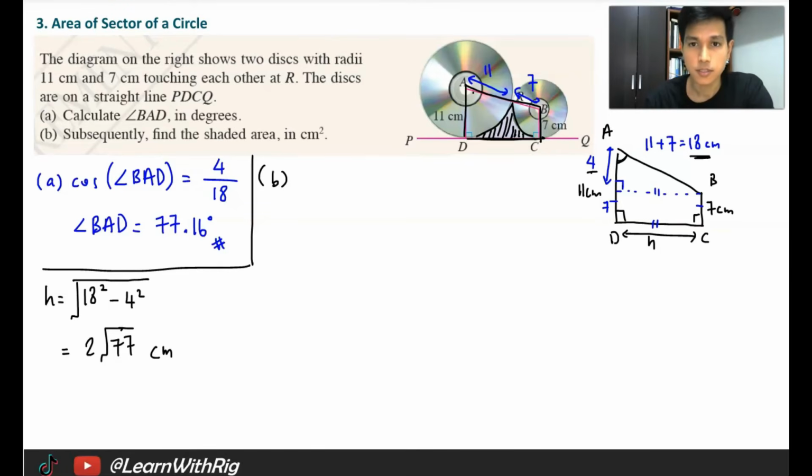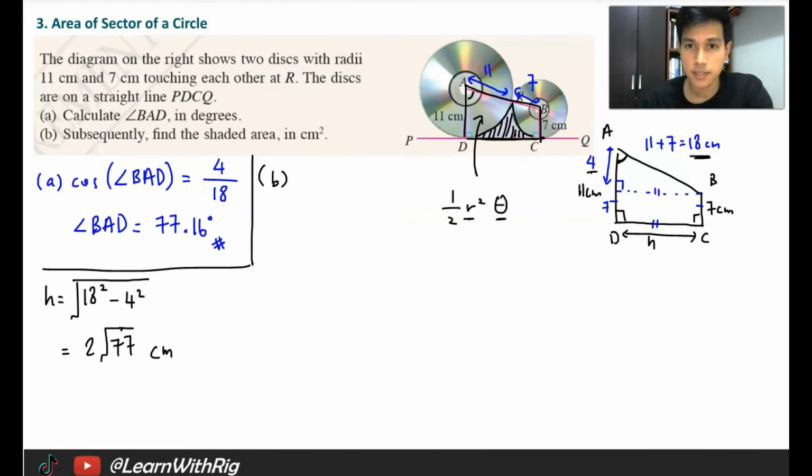This first sector you can find, because you know the radius, and the formula is what? 1 over 2 r squared theta, right? Theta is the angle, r is the radius. You already know the radius and the angle, which you already found here, 77.16, but you have to change to radian later.